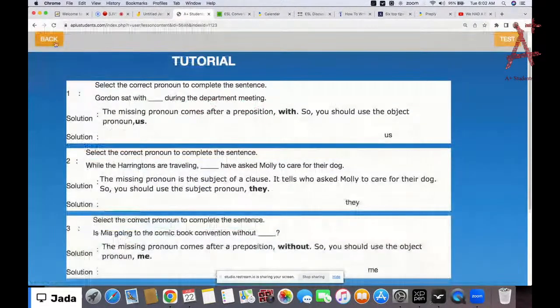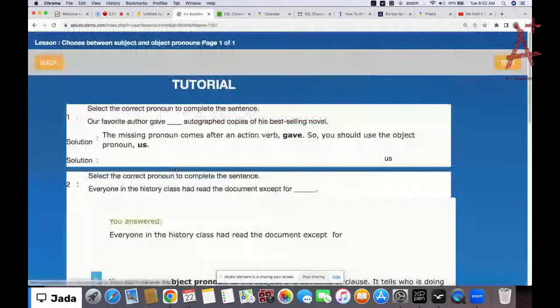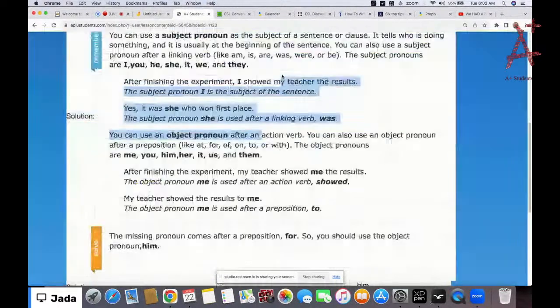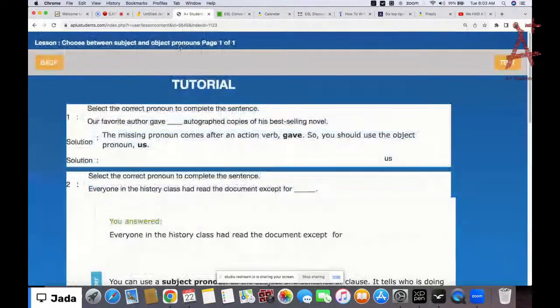I'm just gonna get the explanation. Alright, so first, we will go through the explanation, but the lesson is choose between subject and object pronouns. Okay?